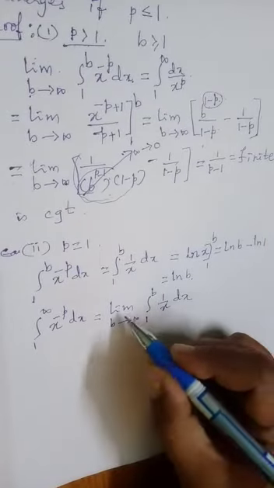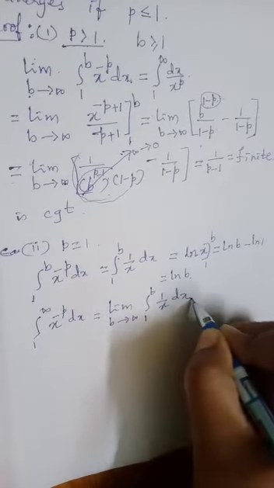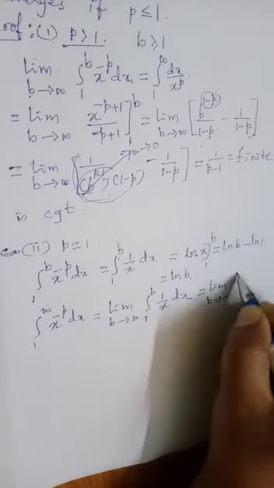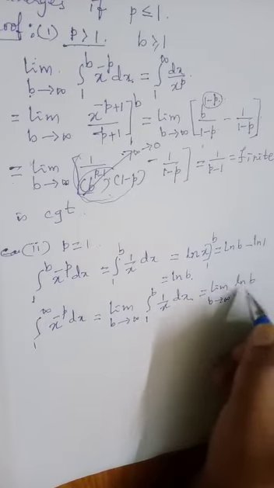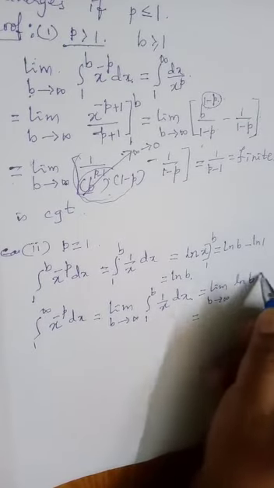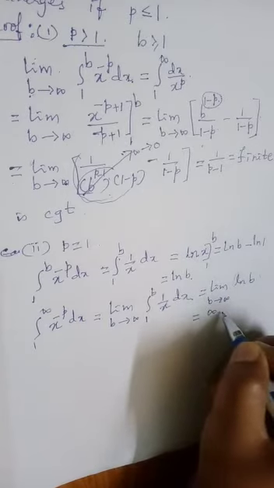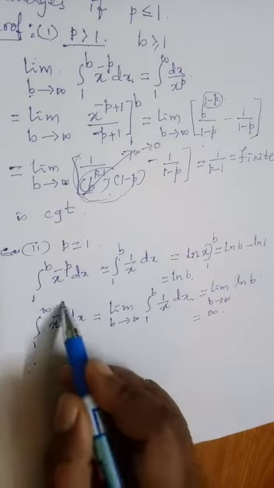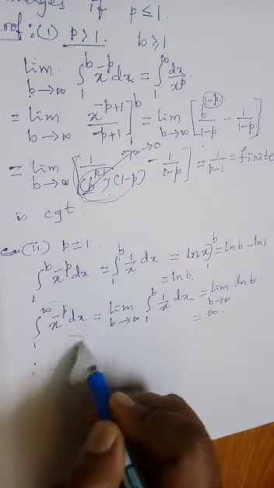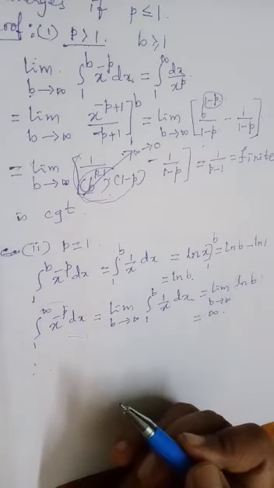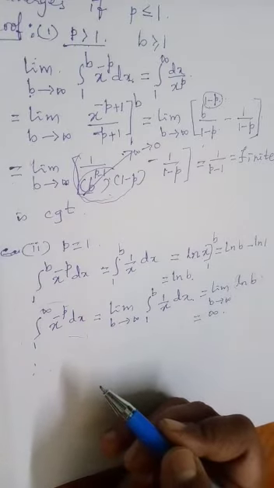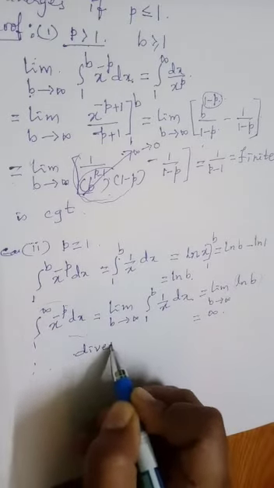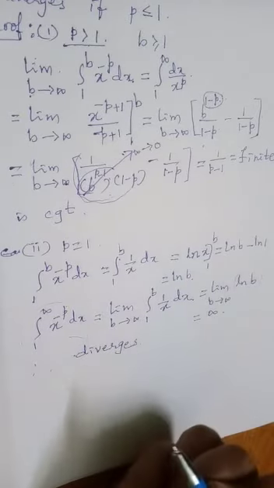This integral is nothing but the limit as b tends to infinity of ln b. As b tends to infinity, this value also tends to infinity. Therefore, this integral becomes infinity. It is not a finite value. So that integral diverges.